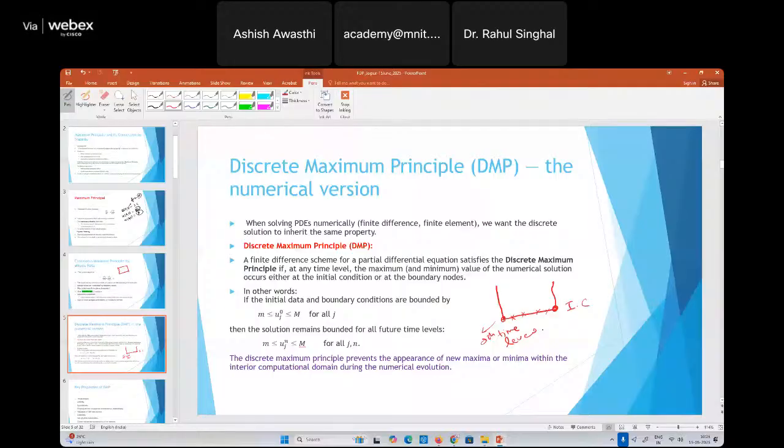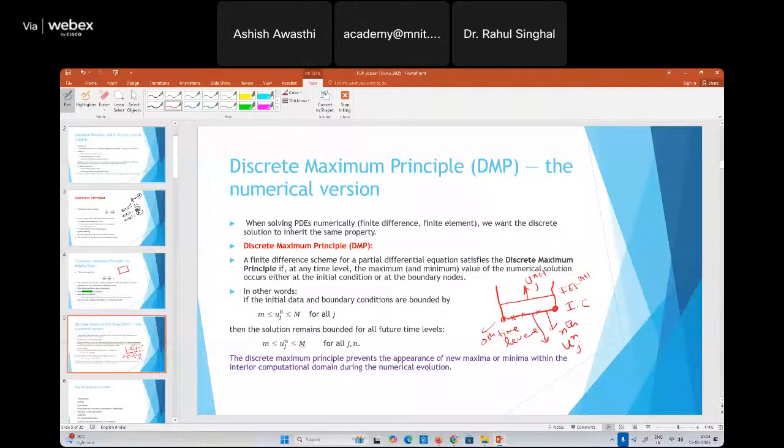As per the maximum principle or DMP, the solution maximum will be either on the initial line or on the boundaries. That means at each time level, your solution will be bounded. You don't have to check, because the maximum principle is telling that the maximum value of the solution will be on the initial condition or the boundary condition, on these lines.